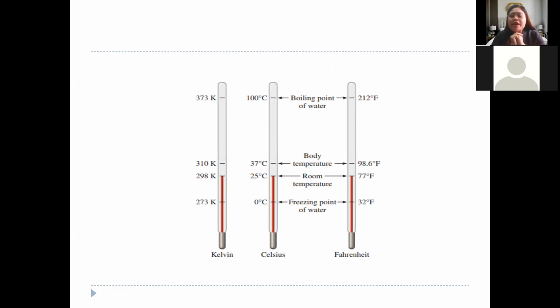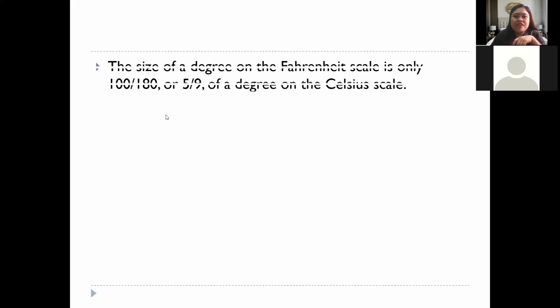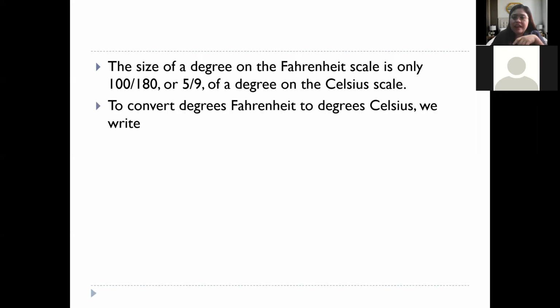So if we compare the size of the marks on the Fahrenheit and Celsius scales, the Fahrenheit degree is only 5 over 9 the size. That is the size of a degree. So one degree Celsius is actually only 5 over 9 of a Fahrenheit degree.